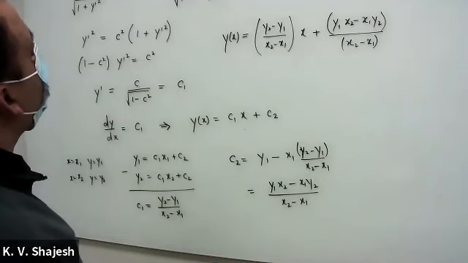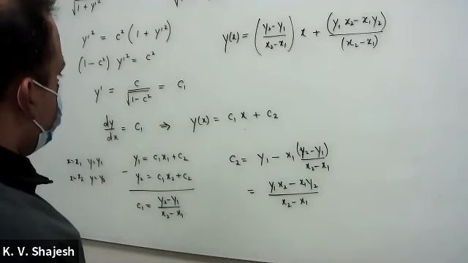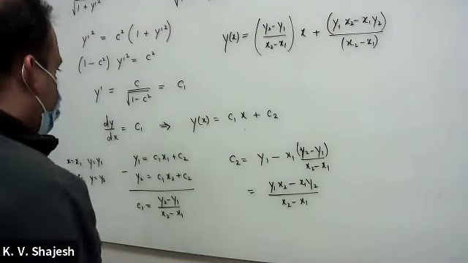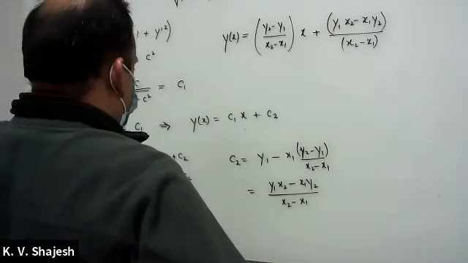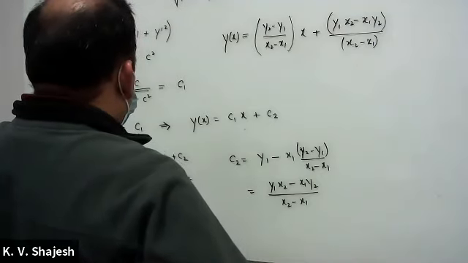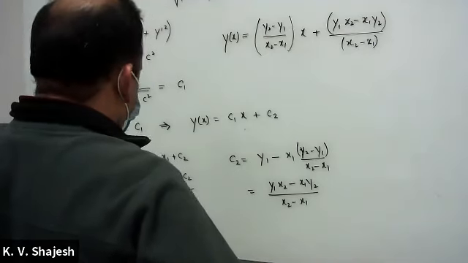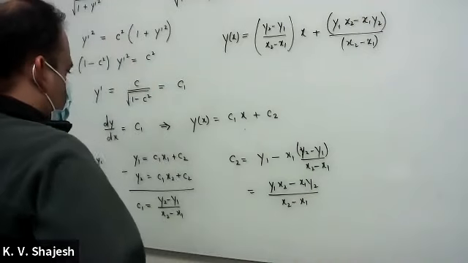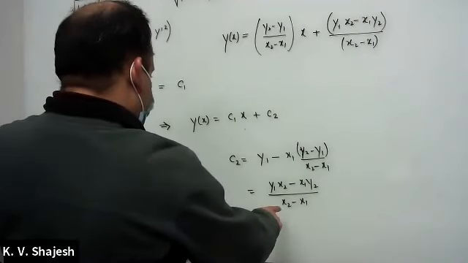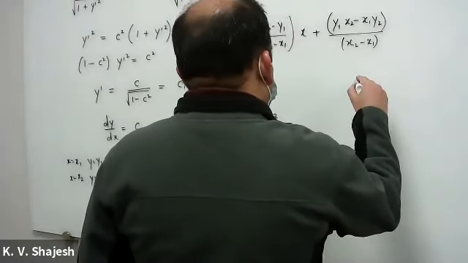Okay. You would like to see the physical interpretation there. I actually don't know. Let's see. c2 should be the y-intercept. Can we take some limits and see?